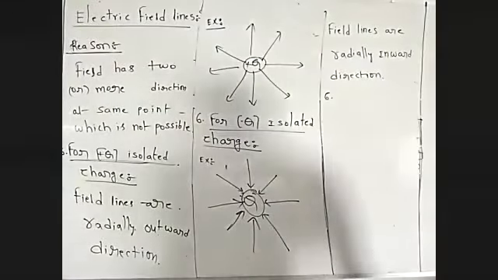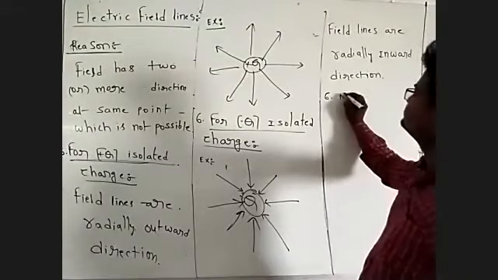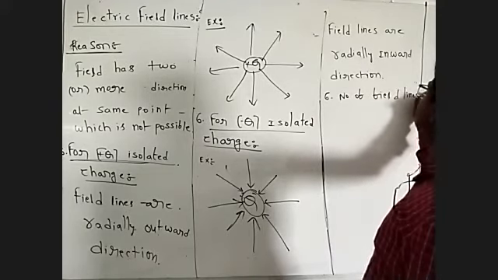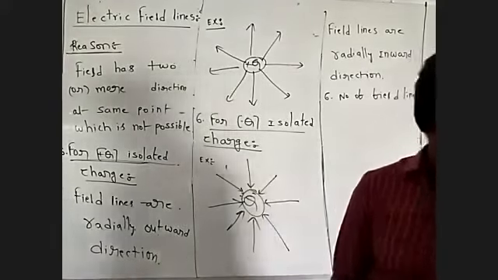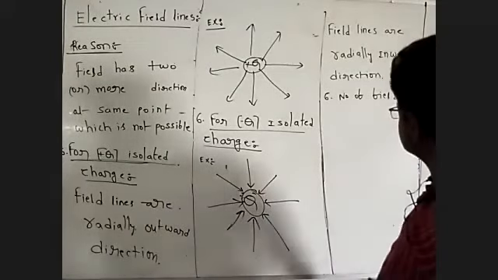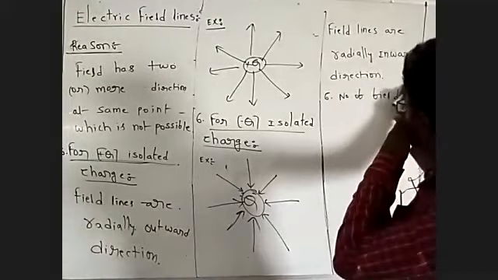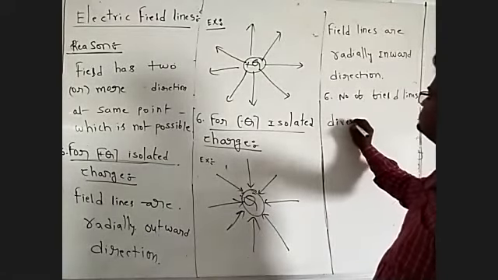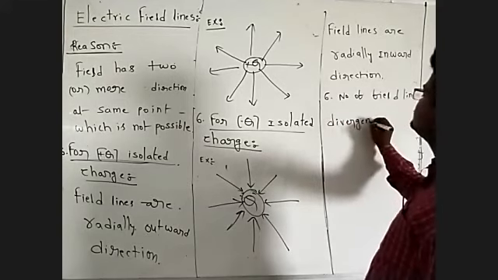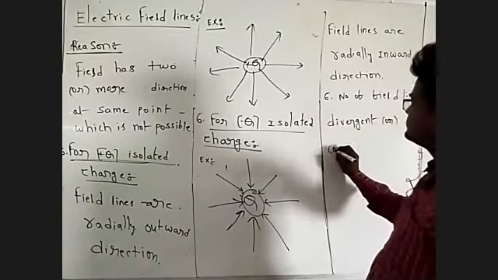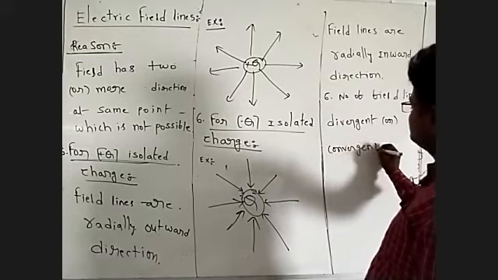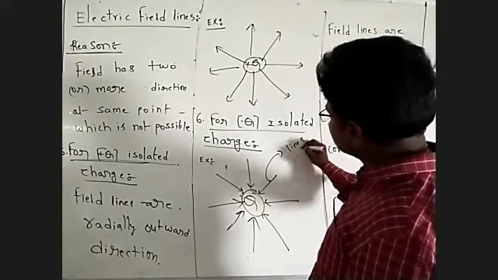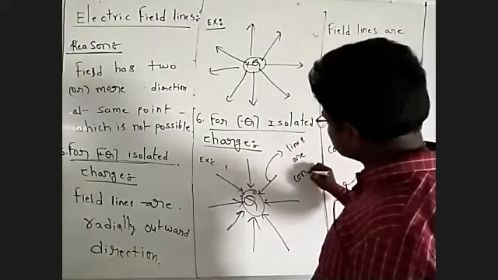Next, sixth point: the number of field lines. Are they divergent or convergent? These lines are convergent.